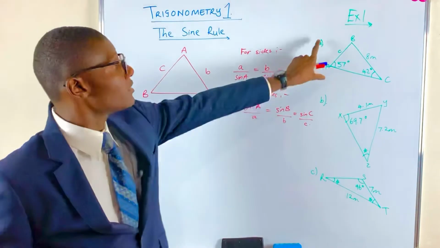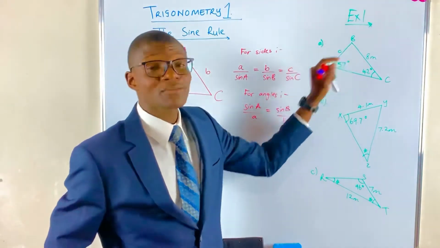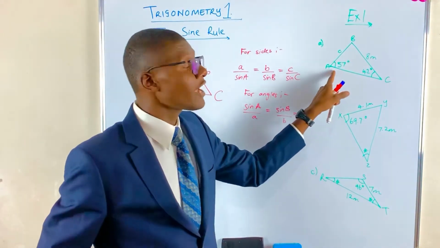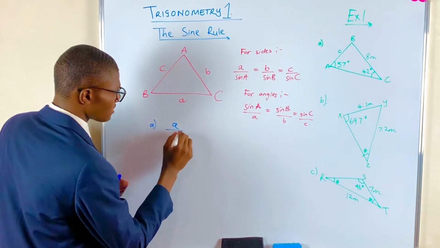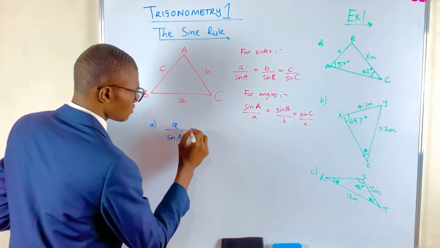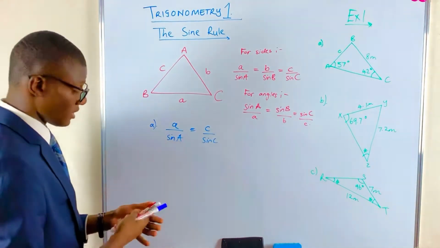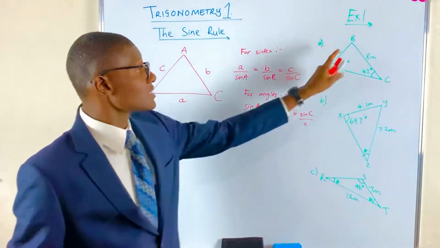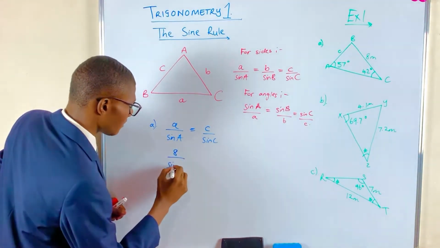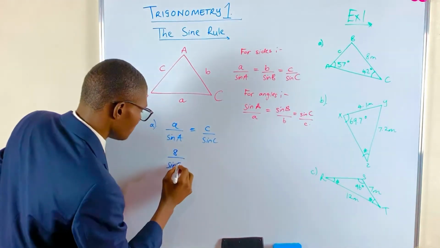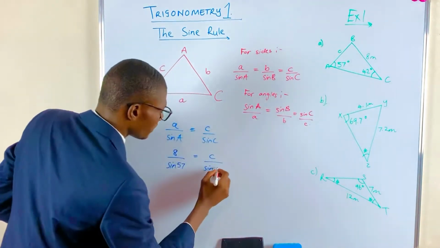Now let's attempt number A. With A, we want to find the side marked by the small letter C, given the angle A and its side A. So for sides, A over sine A is equal to C over sine C. Now for the substitution, small letter A is denoting the side opposite the angle A. So we're saying 8 over sine of A, capital letter A being the angle 57, is equal to C over sine C, angle 42 there.